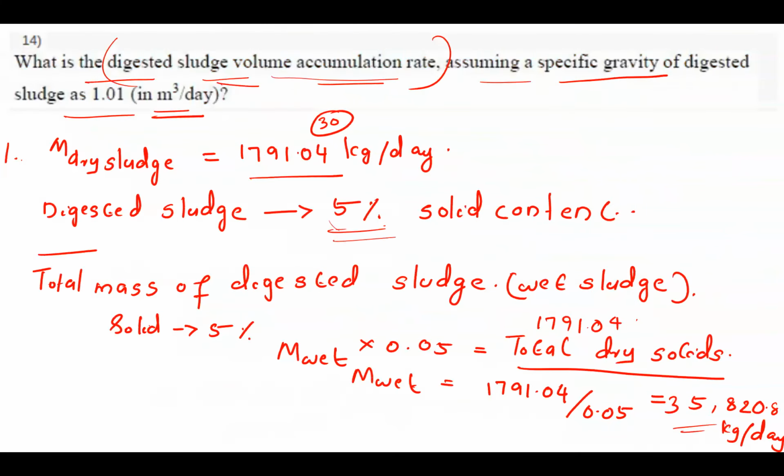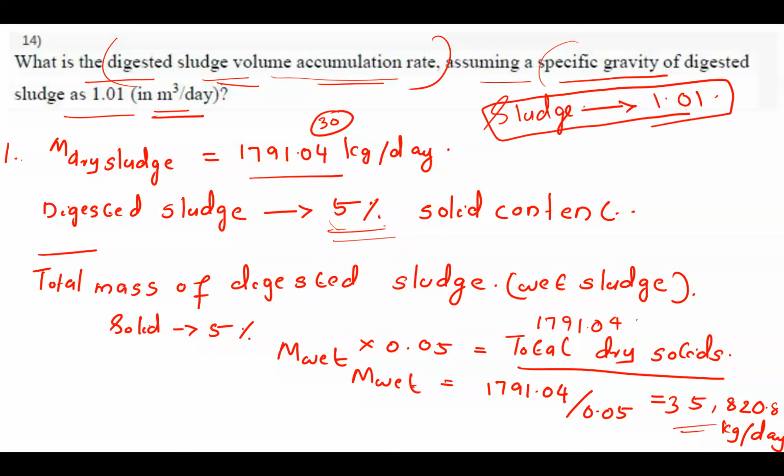See, the specific gravity of the total digested sludge, the sludge has water also. The total specific gravity is given as 1.01.